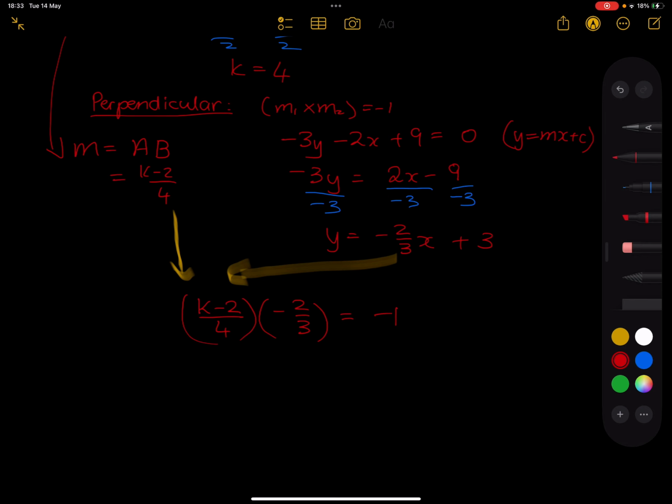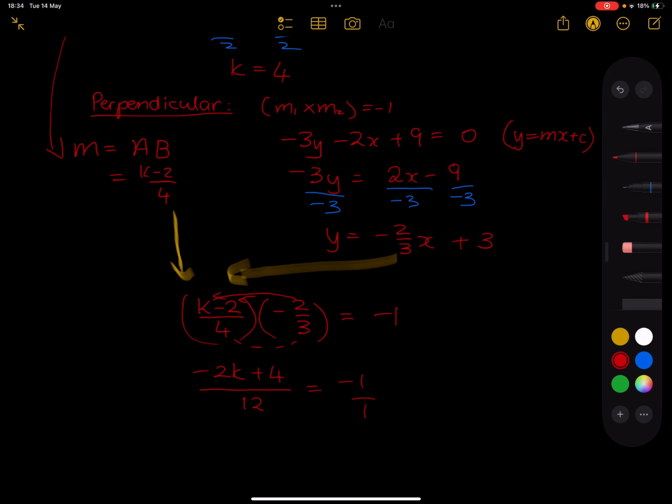So then we use the minus always with the numerator. On top is numerator, below is denominator. Yes, ma'am. So then I multiply this with this, so it gives me minus 2k plus 4 over 4 times 3 is 12 is equal to minus 1 over 1.